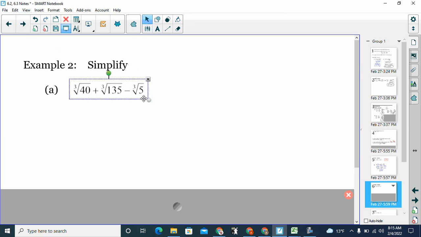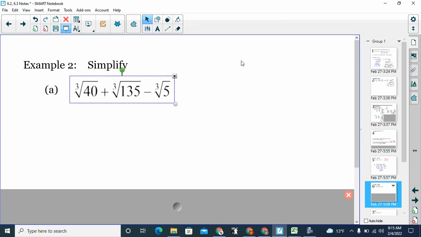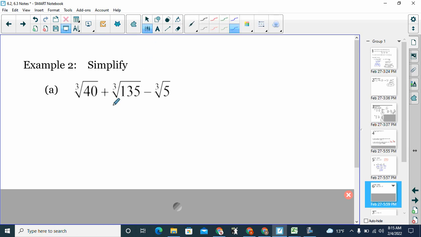Let's do one where we're combining cube roots. Radicands aren't the same. We want to reduce them and try to make them the same. Factor of 40, that's a perfect cube, is 8. 135 is 27 times 5.